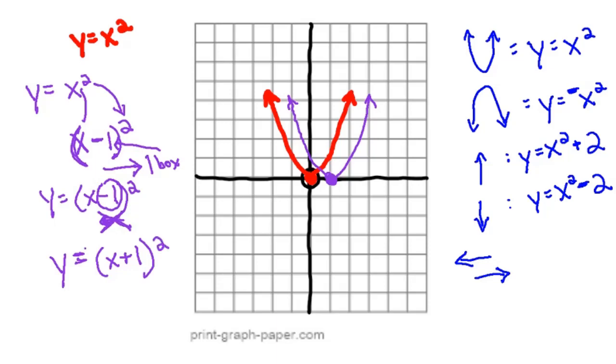So y equals x plus 1 squared, or the quantity of x plus 1 squared, means you're going to take this 1 and you're going to move your original 0 back 1. And here you go. And then we're just going to draw the rest of the parabola in. So that's going to be y equals x plus 1 squared.